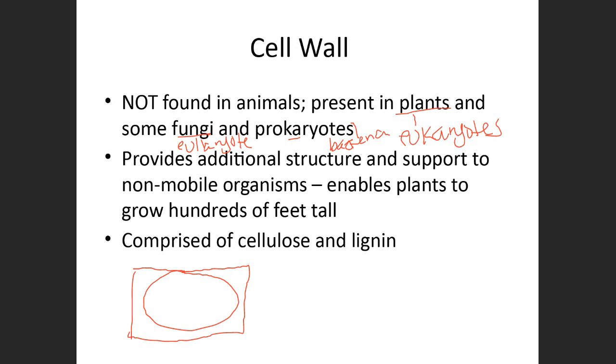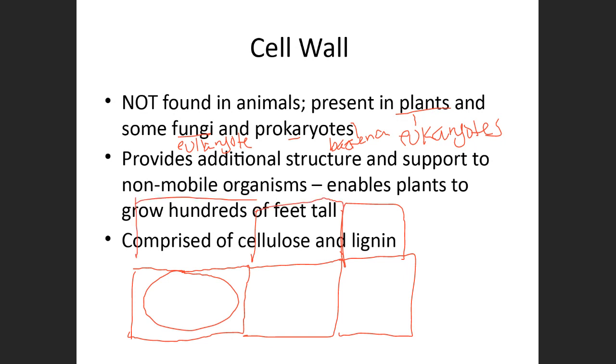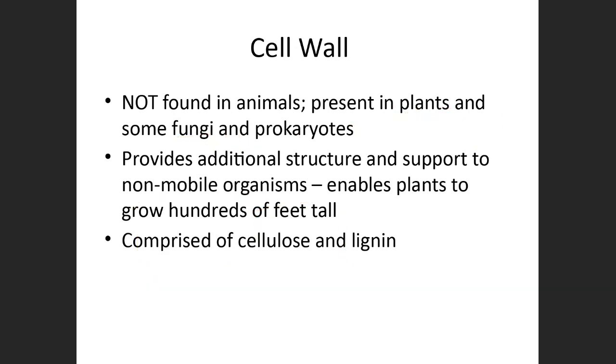It's a little easier to package your boxes on top of each other if you wanted to build a stem, right? Than to package your little, blobby cells on top of each other. So this enables some plants to go really, really tall, because they have that cell wall giving them a little extra structure. And they are made of cellulose and lignin for plants at least.